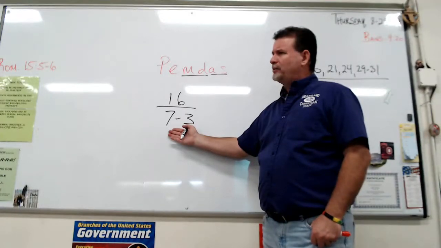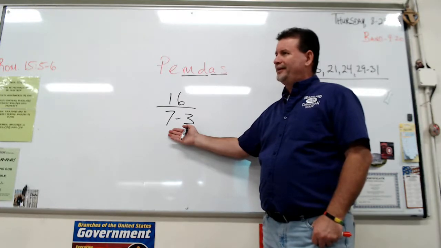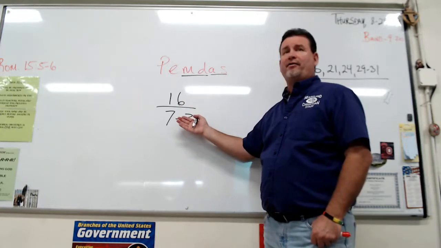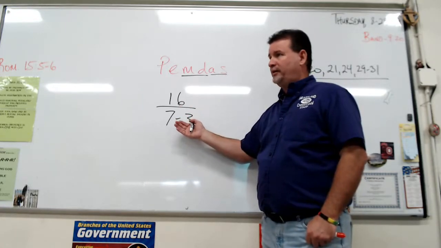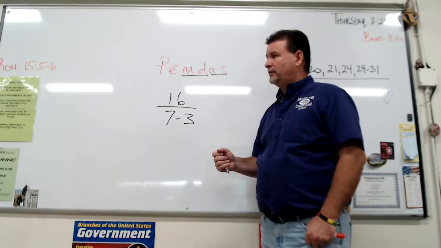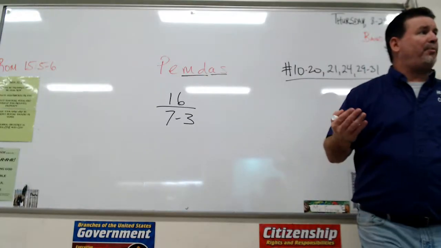I divide first? No, I was thinking either you divide first or you minus first. Subtract. Yeah, it's one of the two, right? If I have 16 over 7 minus 3, you take 7 minus 3, that's 4, and then 16 divided by 4. Does that go against the order of operations though?